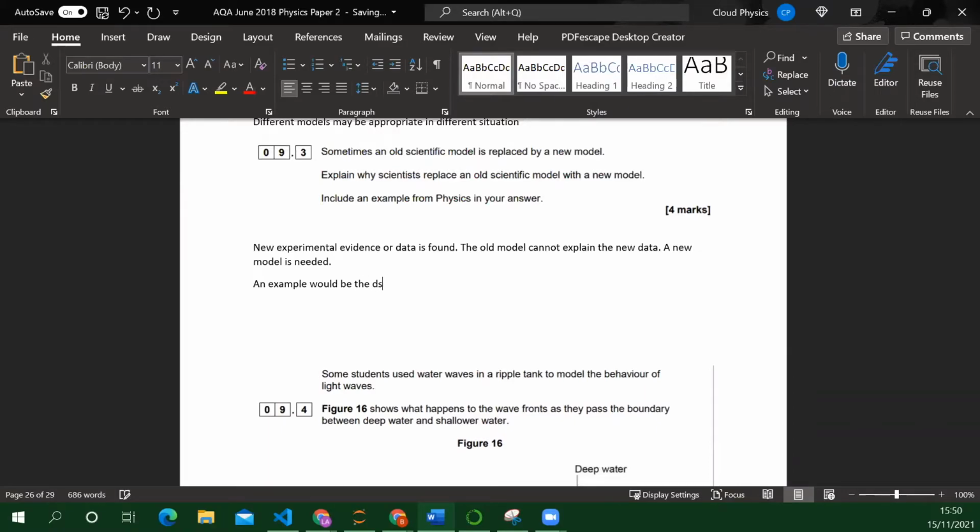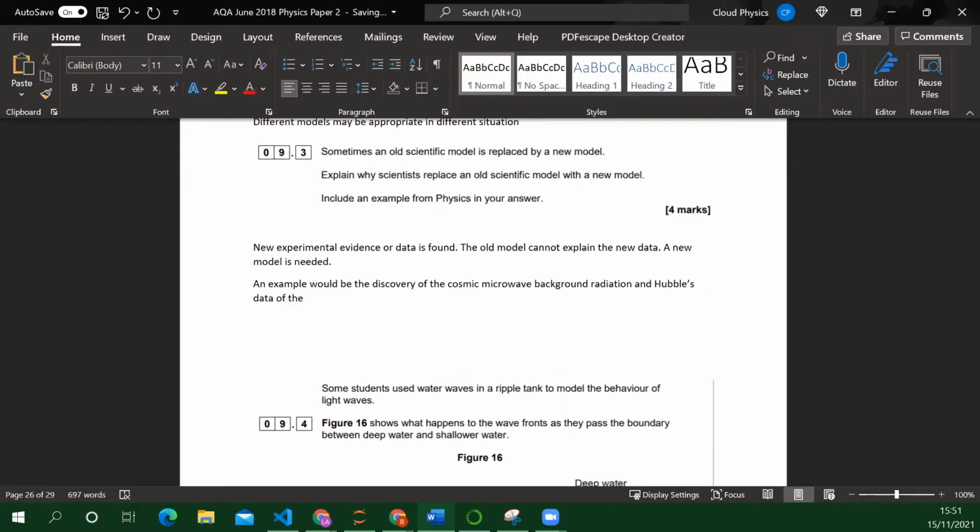the discovery, I'll go with astrophysics cosmology theme, the discovery of the cosmic microwave background radiation and Hubble's data of the galaxies moving away from each other did not fit a steady state model.